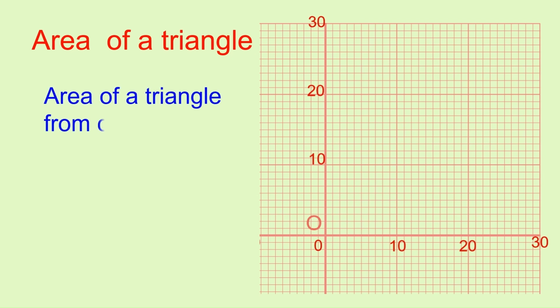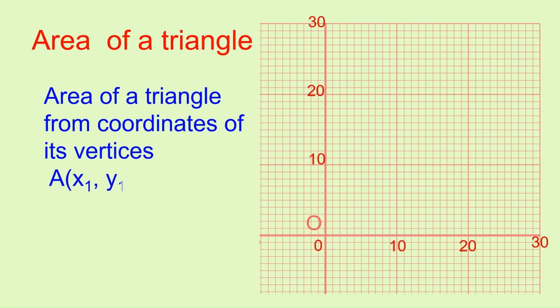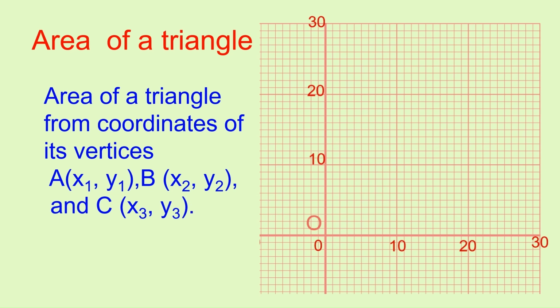Area of a triangle from the coordinates of its vertices A (x1, y1), B (x2, y2), and C (x3, y3).